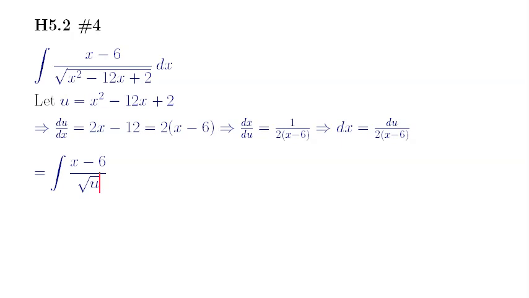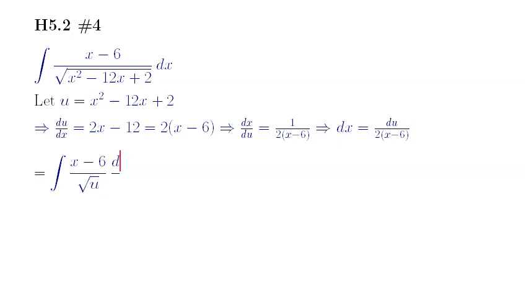Remember that the entire expression inside the square root is now called u. Then dx is equivalent to what we just found, du over 2 times quantity x minus 6.